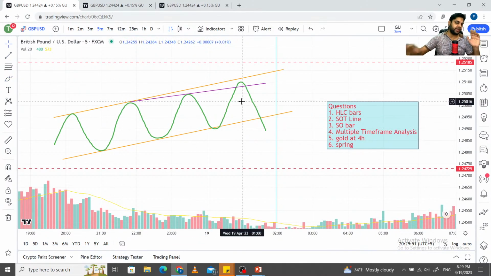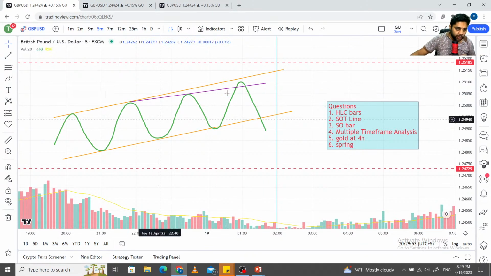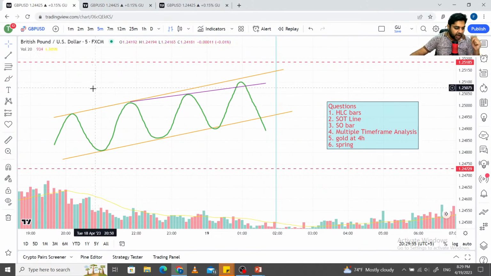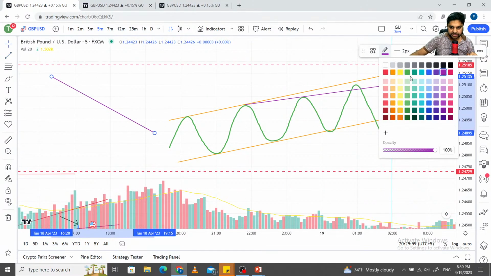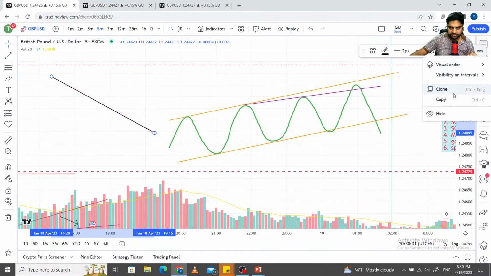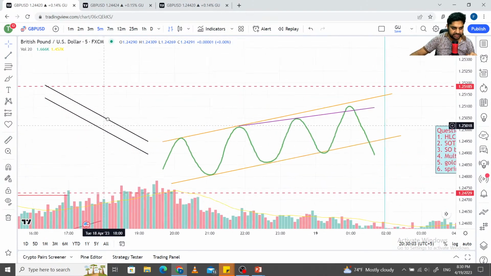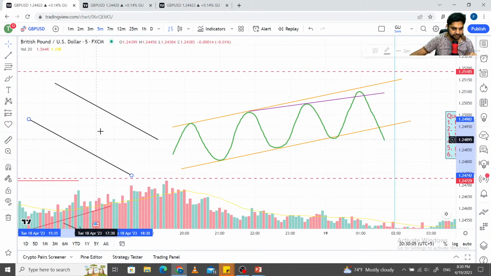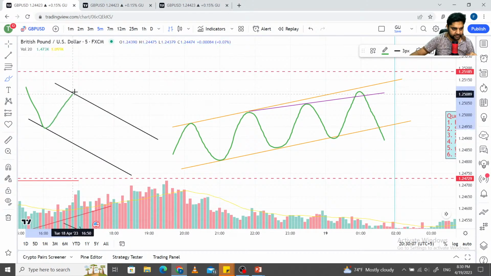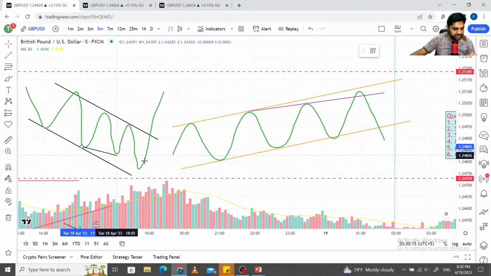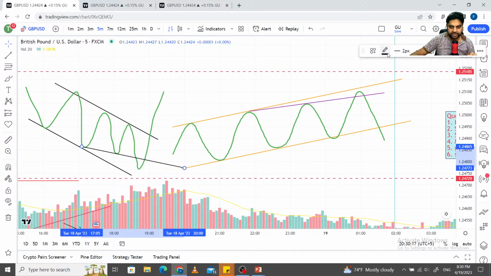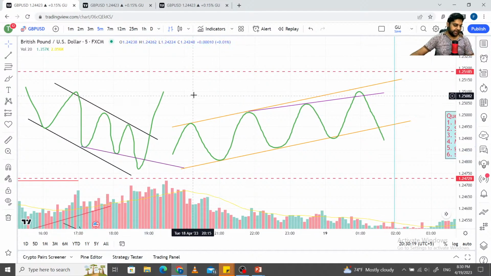So this is how you make an SOT line, only at the top of the trend channel or at the bottom of the trend channel. Look at this, it is unable to go all the way down. So you will start drawing an SOT line from here. And today we did it.